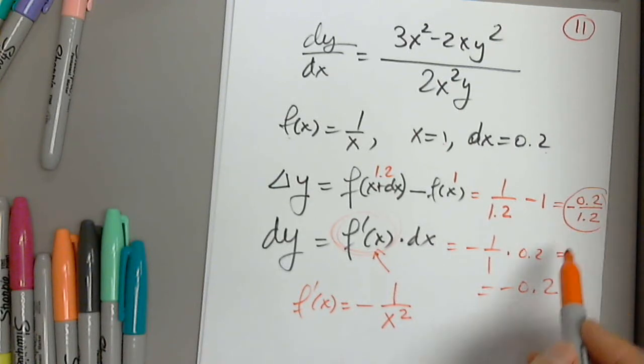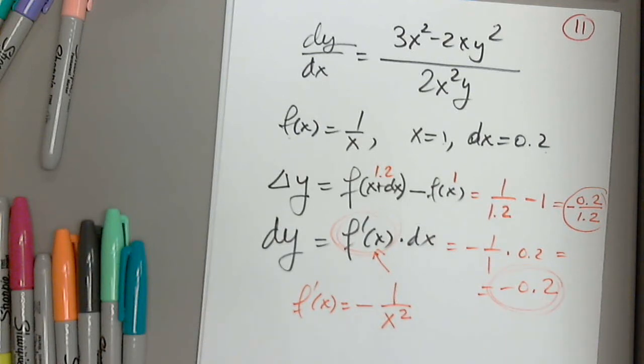So this is the exact difference, and this is the approximation using differentials. So if it's asking you to estimate, this is the estimate, and this is the exact, because that is f of x plus dx minus f of x.